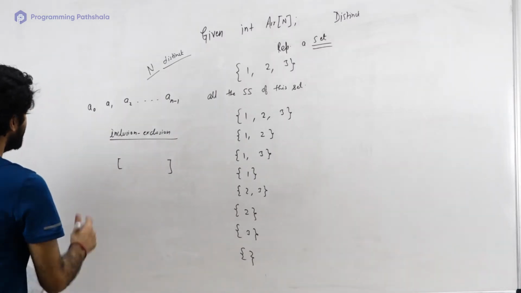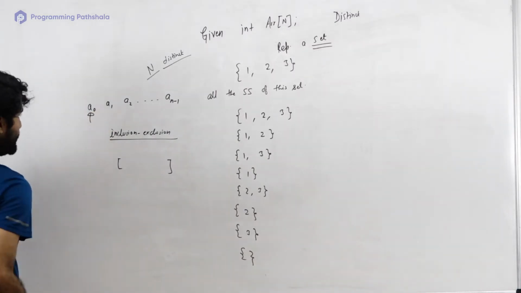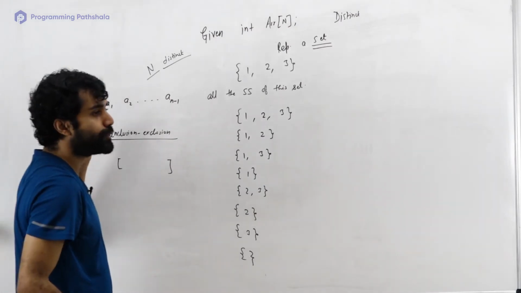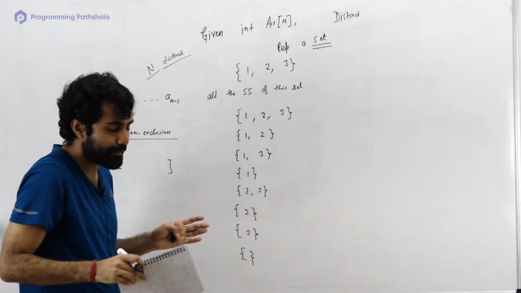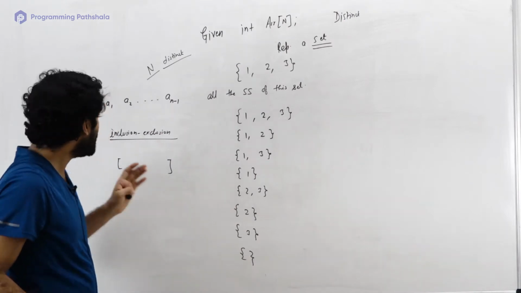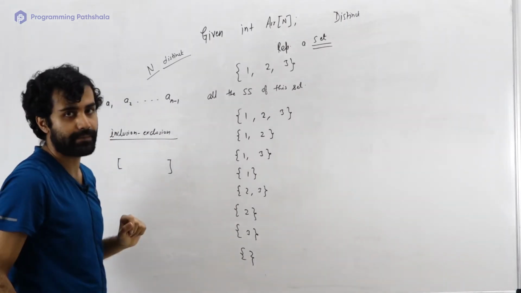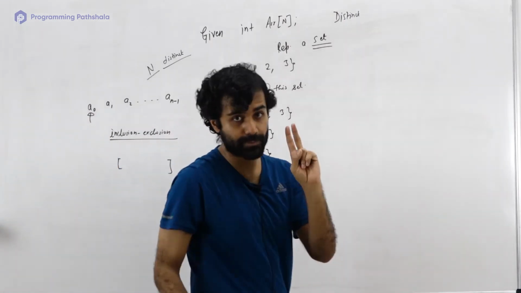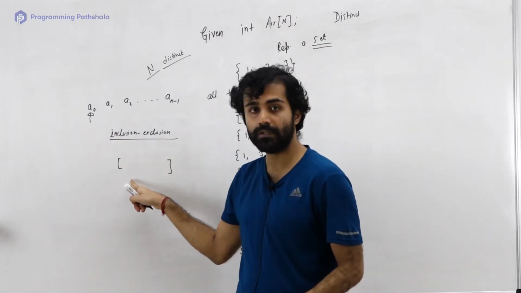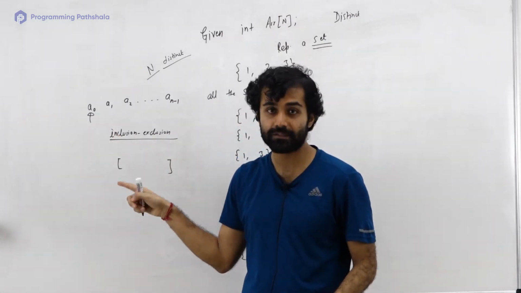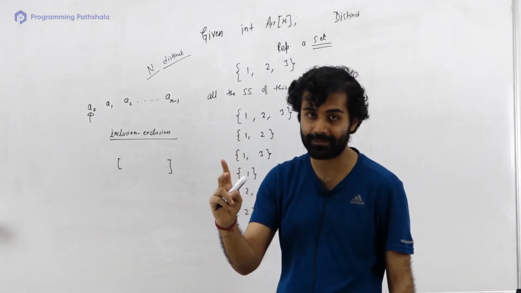Let's say you are currently at this element. How many choices do you have with respect to this element? If you have to generate a subset, what can you do to this element? There are just two things. You can either have it or not have it. So there are just two choices corresponding to it.